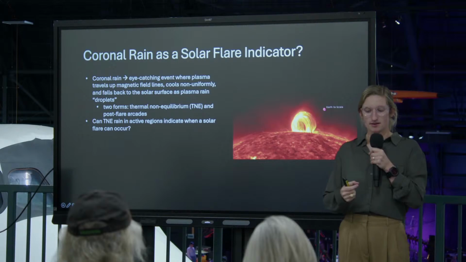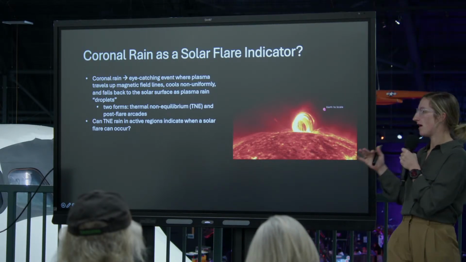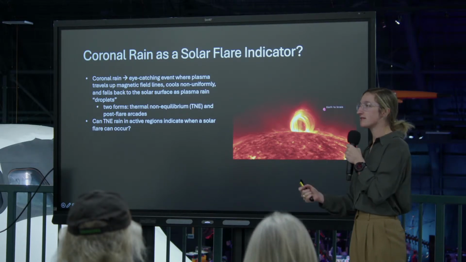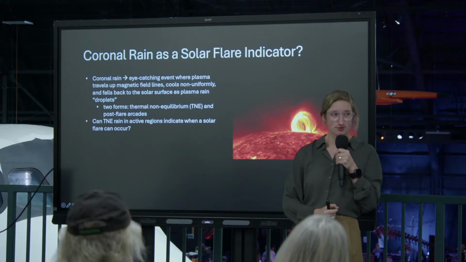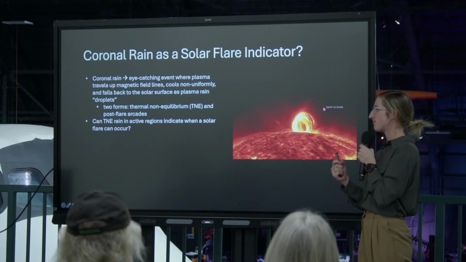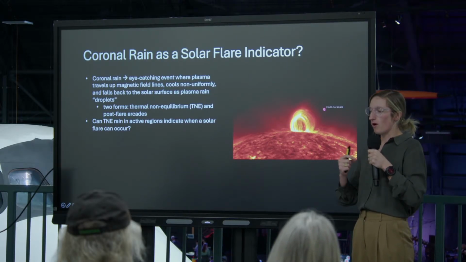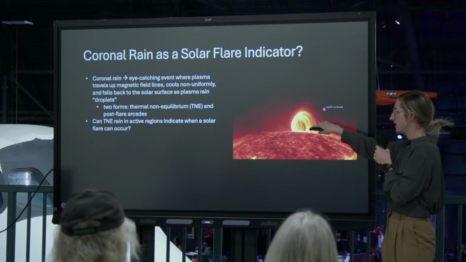And I'm looking to see, when that plasma drains from the magnetic field lines, how quickly it drains or when it drains, does that give an indicator of solar flare strength? Can it give an indicator of when a solar flare is going to go off? And I'm looking at all the different magnetic field properties associated with that to see if we can actually identify a proper trigger for solar flare forecasting without needing to look at this atmospheric magnetic field.